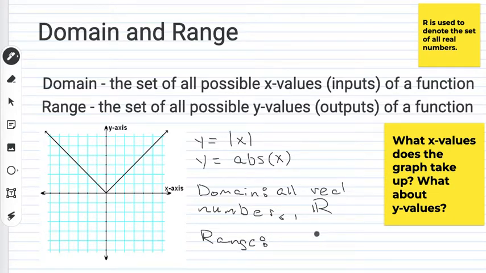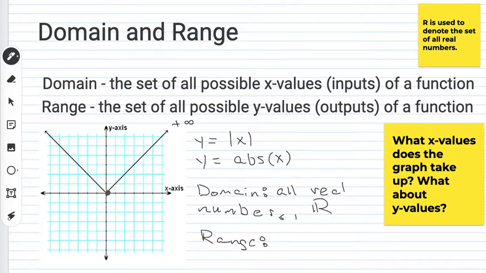Okay, so now let's think about the range. The range is going to be all the y values. So what y values does the graph take up? Well, looking at the y-axis, it looks like the lowest that the function ever goes is 0, and the highest it goes is all the way to positive infinity.